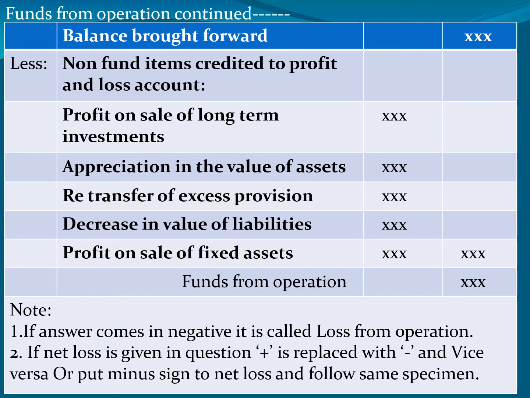For example, profit on sale of long-term investment or profit on sale of asset, appreciation in the value of asset, retransfer of excess provisions, decrease in the value of liabilities, profit on sale of fixed asset, etc. These are also to be found from the income statement and adjustments, and accordingly deducted, and after that we'll get the answer, that is funds from operation.